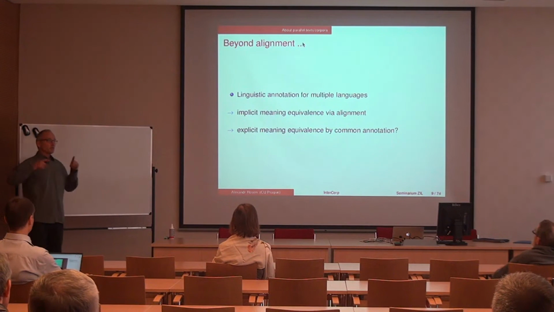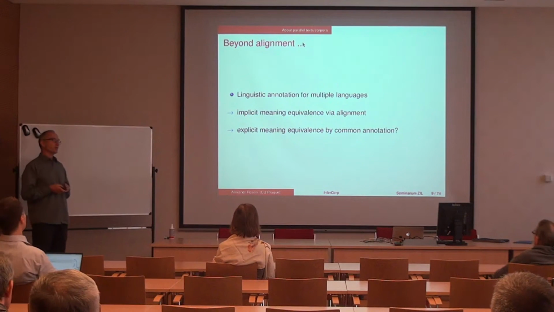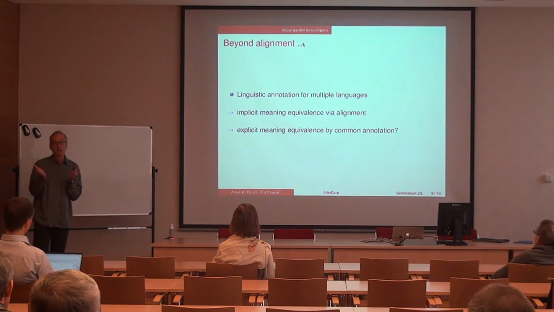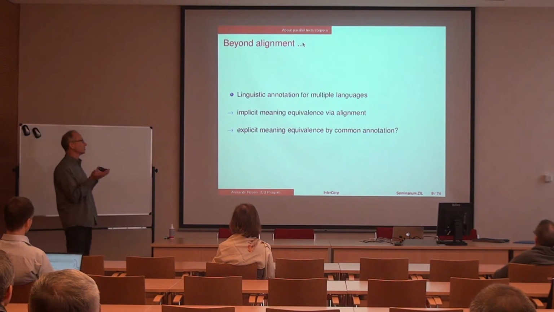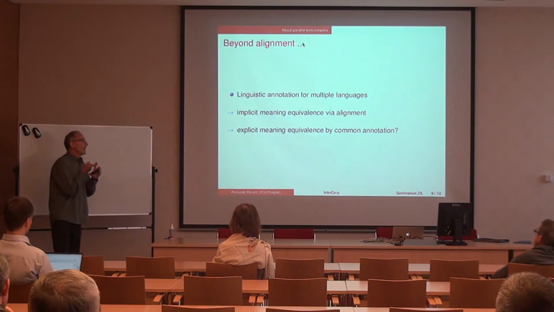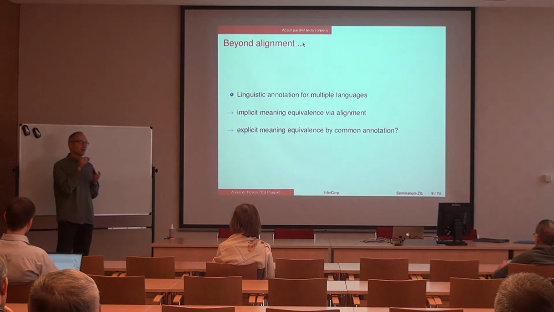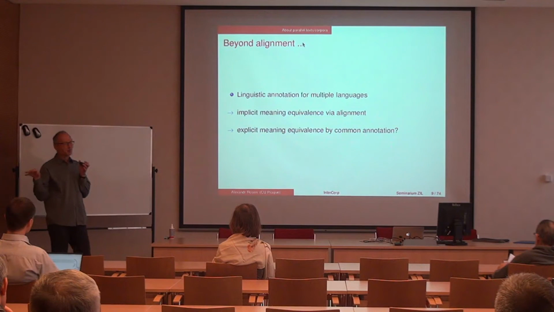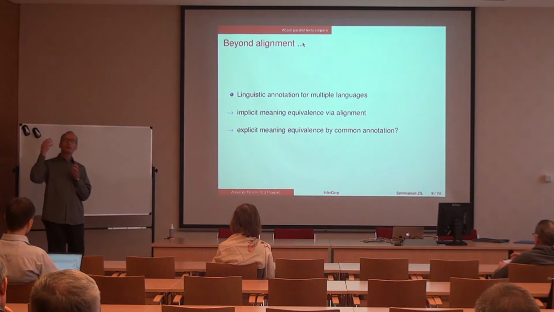So what else beyond alignment can you do in parallel corpora? Of course, the same that you can do with other corpora, so linguistic annotation. But you have to do it for multiple languages. And then if you have that annotation, you no longer have only the form and the equivalence of form, but you can also have the equivalence of annotation. So then you can project annotation from one language to another.